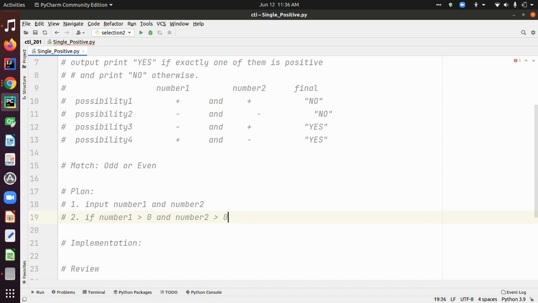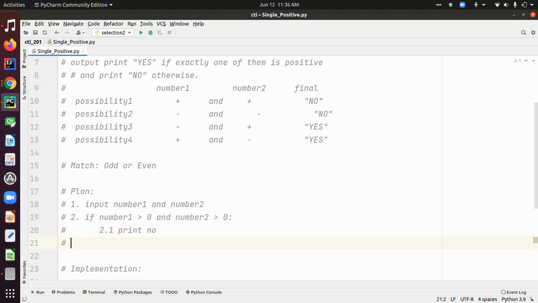Oops, sorry. Then my step 2.1, because I am now inside my first condition, right? So print no. So it's 2.1. All right.